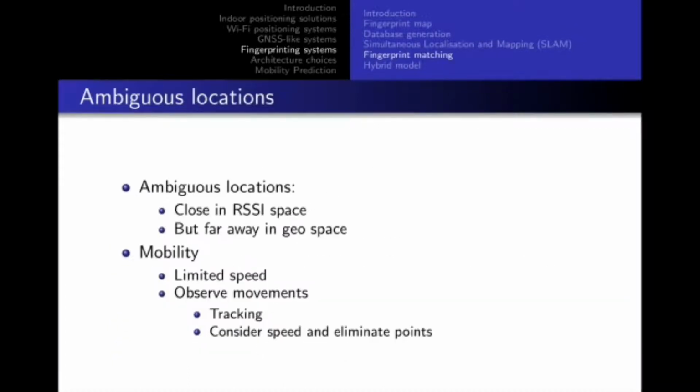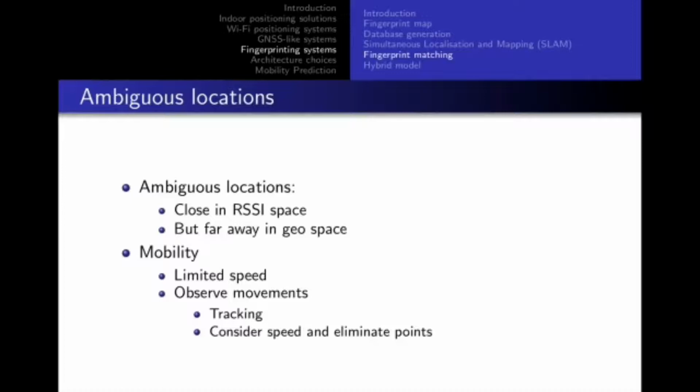There might be ambiguous locations given the topology and the number of access points. These ambiguous locations are close in RSSI space but far away in the geographical space.